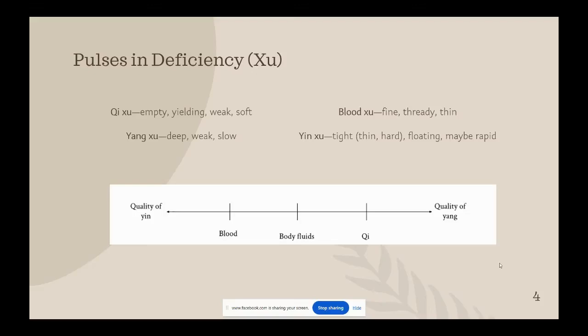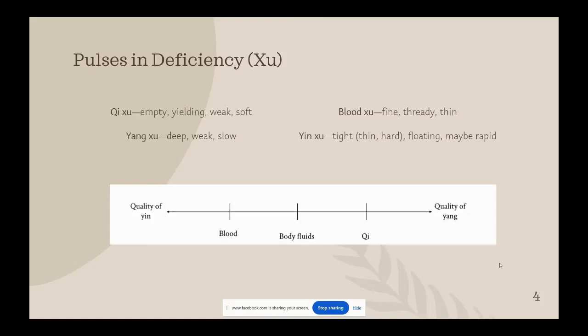Some major patterns you'll probably come across either in yourself or other people are qi deficiency, which in Chinese is just xu. It's just easier to spell, so I'm just using that pinyin. That just means deficiency. So qi deficiency, blood deficiency, yang deficiency, and yin deficiency.